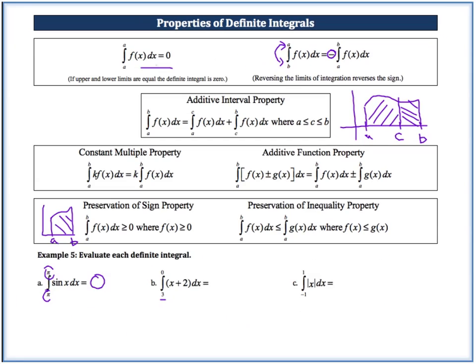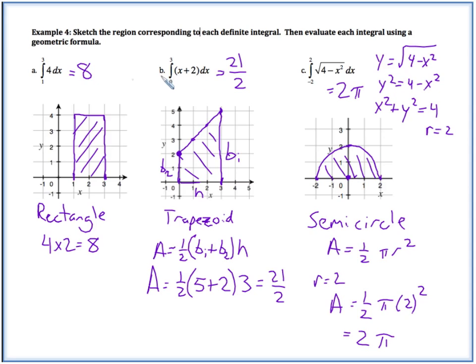Now if we look back, okay, here we have the definite integral from 0 to 3 of x plus 2 dx, and that equals 21 over 2. So let me bring that over.